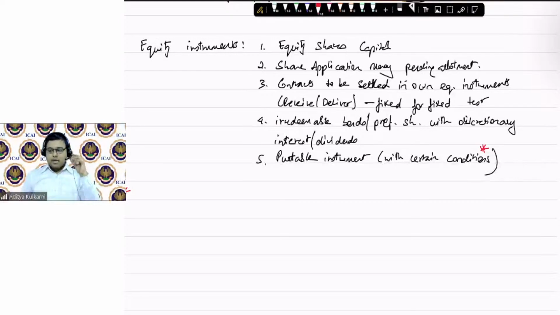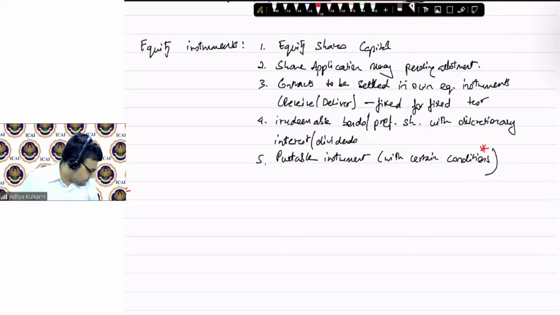But there are a couple of cases where they will be classified as equity and not financial liability, despite the fact that they require an obligation to deliver cash.